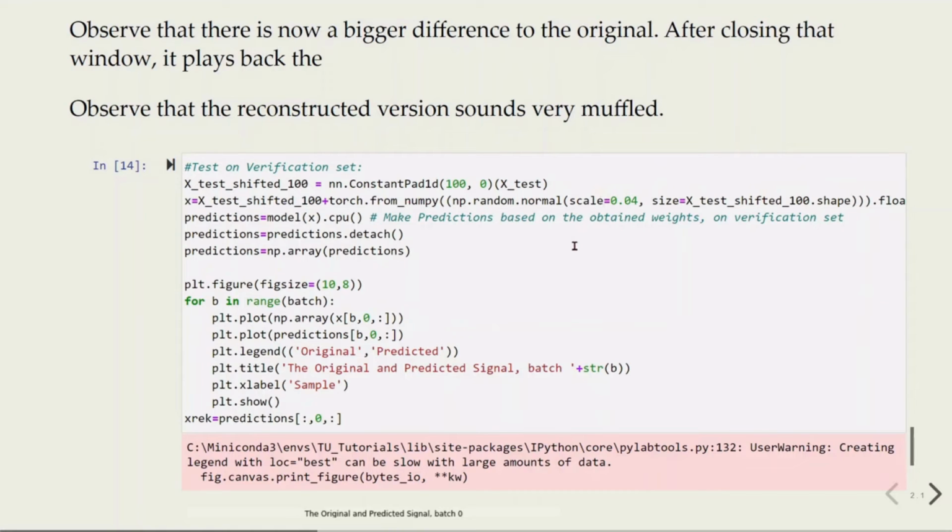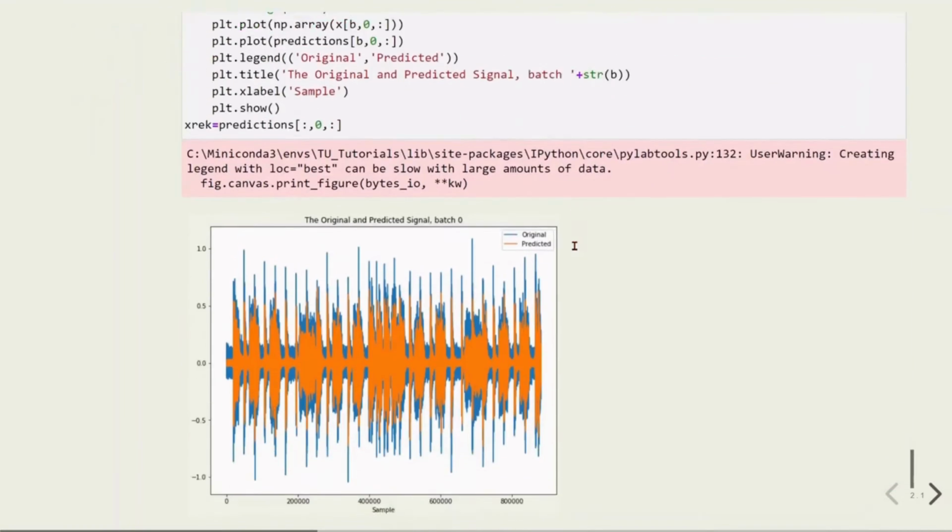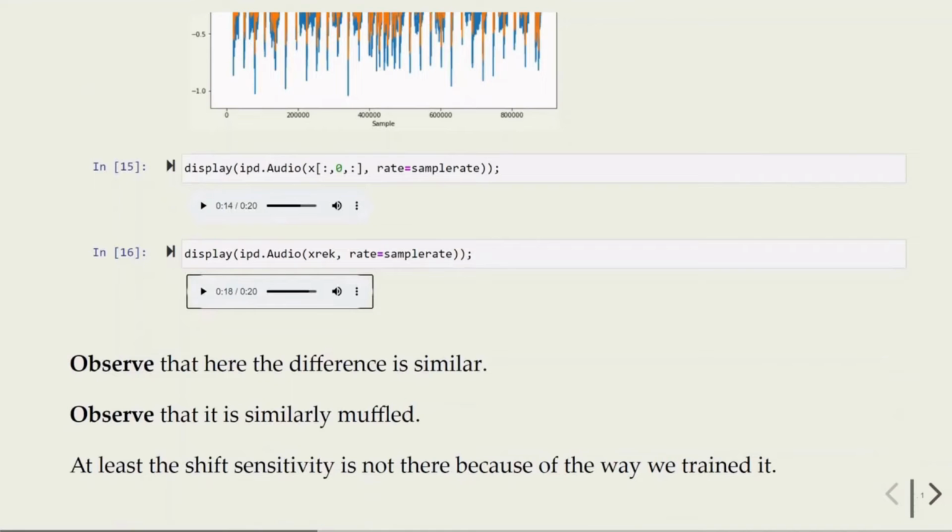So what we do is that for training, we used one channel of a stereo audio file. Let's say we use the left channel. We added some noise and we trained our model, and we included this round robin. So we included this shift during epochs to try to minimize the shift sensitivity.